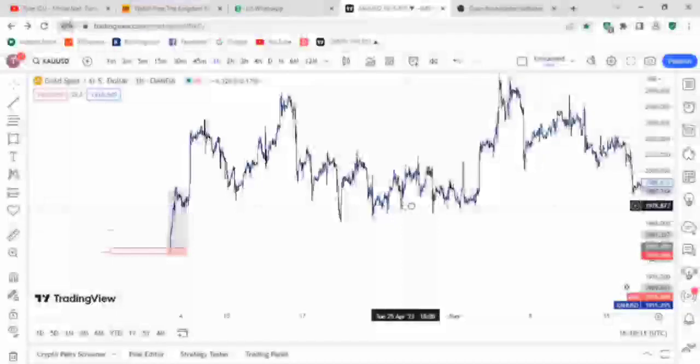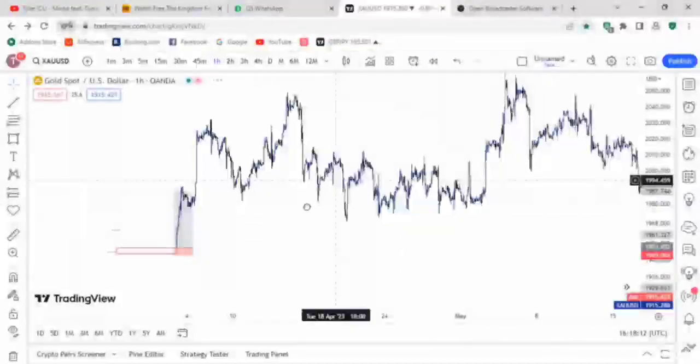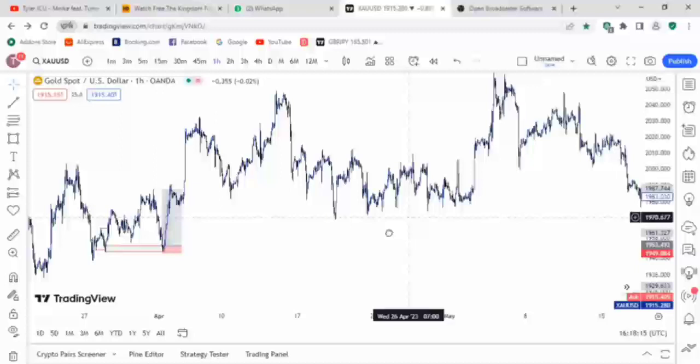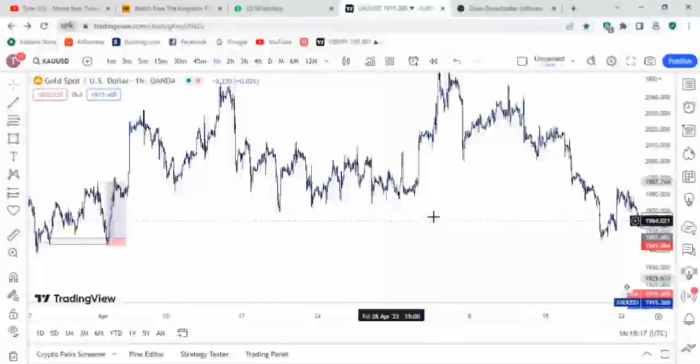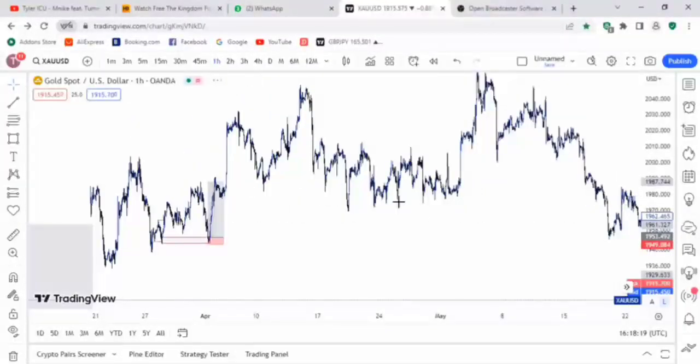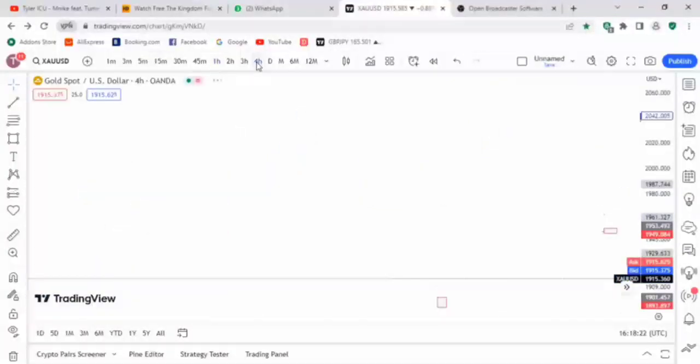So the market is still moving in an uptrend, even though it forms a small consolidation. Let me go to the 4 hour time frame again.